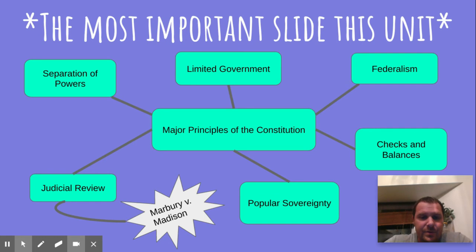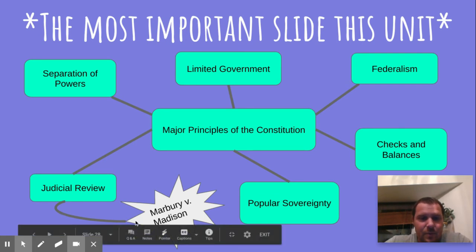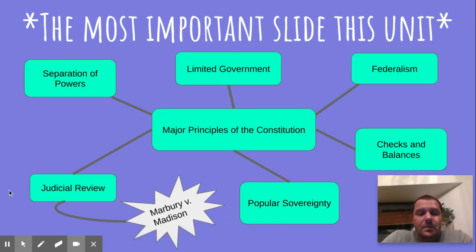If you move over here to judicial review and you have this little wacky Marbury versus Madison thing, so I'll explain both. Judicial review is simply the Supreme Court's power to review whether or not a law that is made or a decision that is made or a policy that is made by the other branches of the government is constitutional.